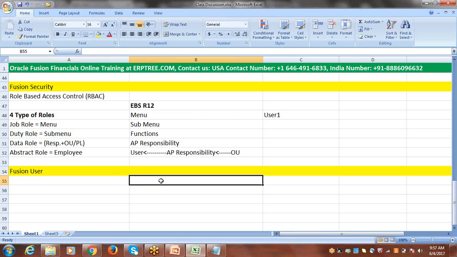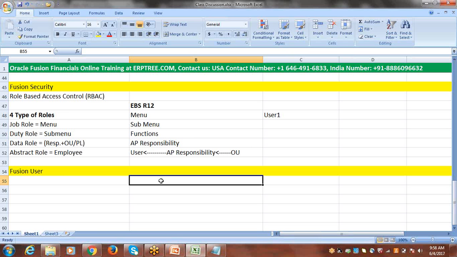When you talk about EBS, we create the user in the System Administrator responsibility or application, and we can assign an employee to the user. But there is no primary classification for that user. Any user you can create from System Administrator. If you need employee assignment, yes, you can assign the employee to the user. Otherwise, you can use that user straight away.